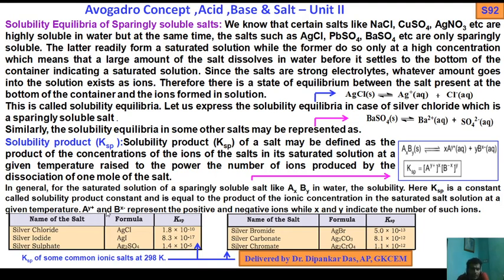A to the power y plus and B to the power x minus represent the positive and negative ions, while x, y indicate the number of such ions. Again, AxBy solid dissociates into x A to the power y plus aqueous plus y B to the power x minus aqueous. So how will we represent Ksp?